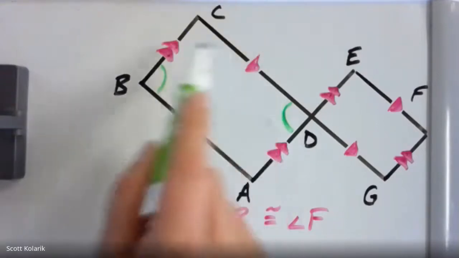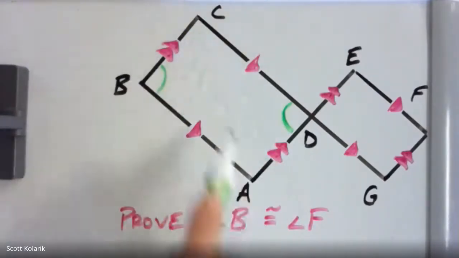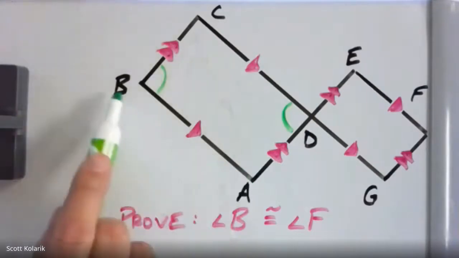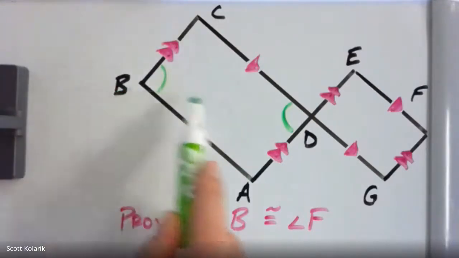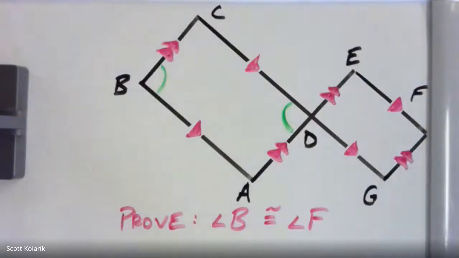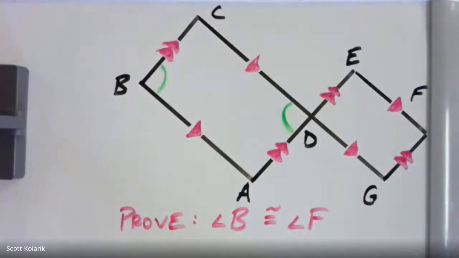Why? Because this is a parallelogram. For the record, angle C and angle A also have to be congruent, but I don't need that information right now because I'm focusing on angle B and finding a way to connect all the way to angle F. Some of you may have seen this, but I'm also dealing with the second parallelogram here, so let me apply the opposite angles theorem in that one as well.